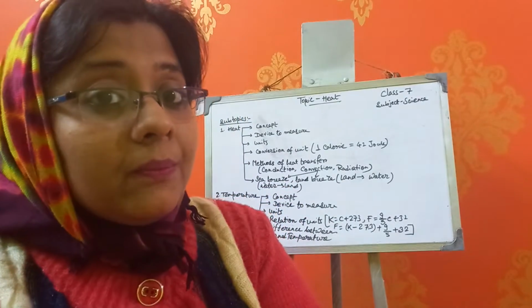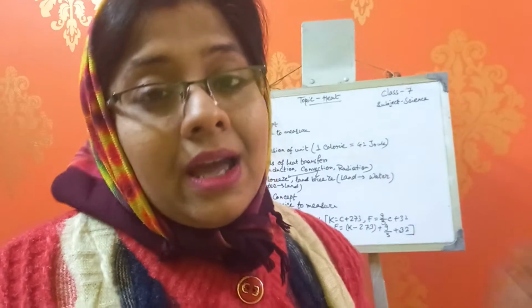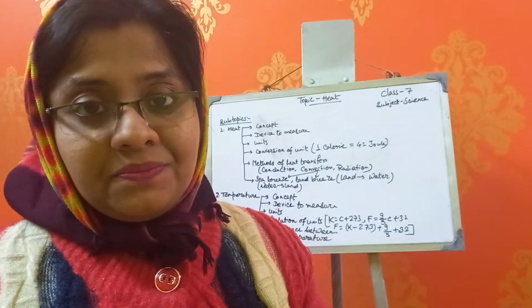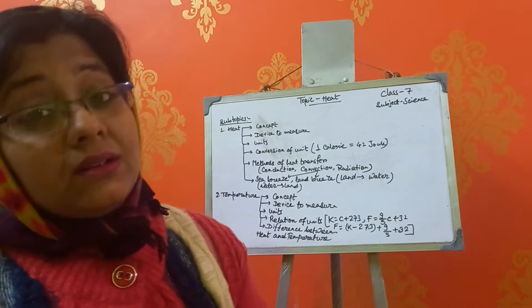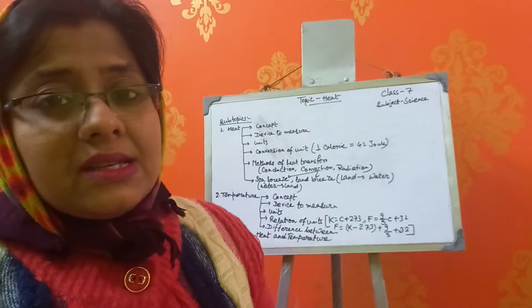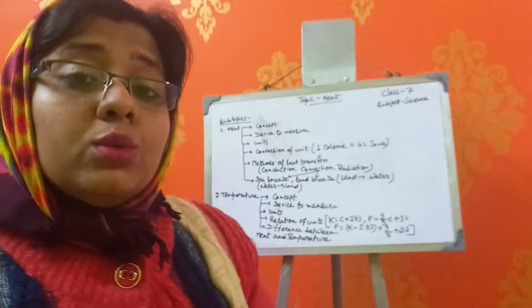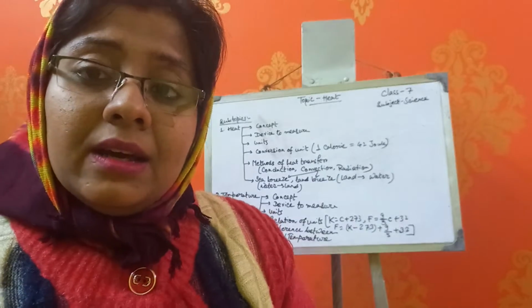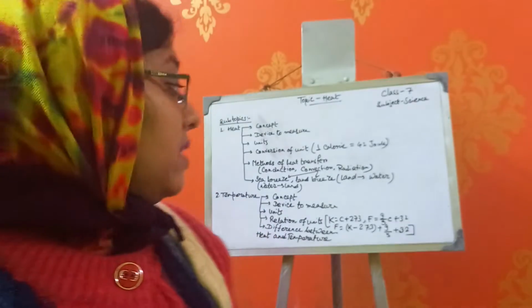For example, from the sun to the earth, heat energy can directly radiate. Because we know between the sun and the earth, a lot of space is vacant, no medium, no particles, nothing. So how will heat come from the sun to our earth? By direct radiation.